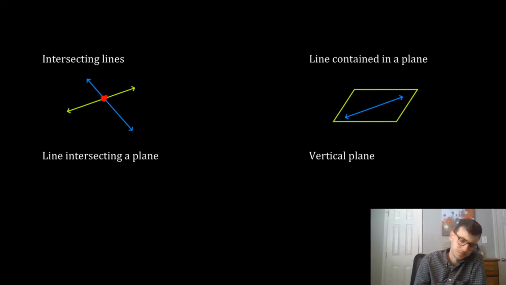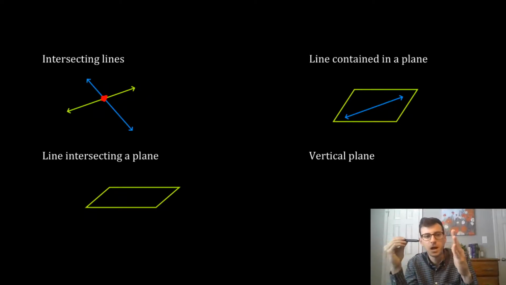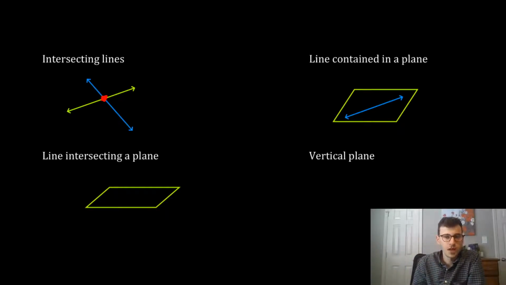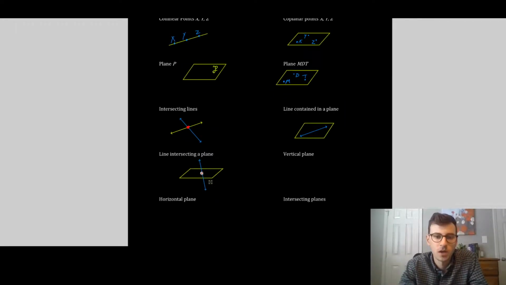Okay, well, what about a line intersecting a plane? What does that look like? Well, let's draw a plane. And a line intersecting that plane is almost like if you took a pencil and punched it through a piece of paper, right? It goes through the plane, and intersects at one point right here.